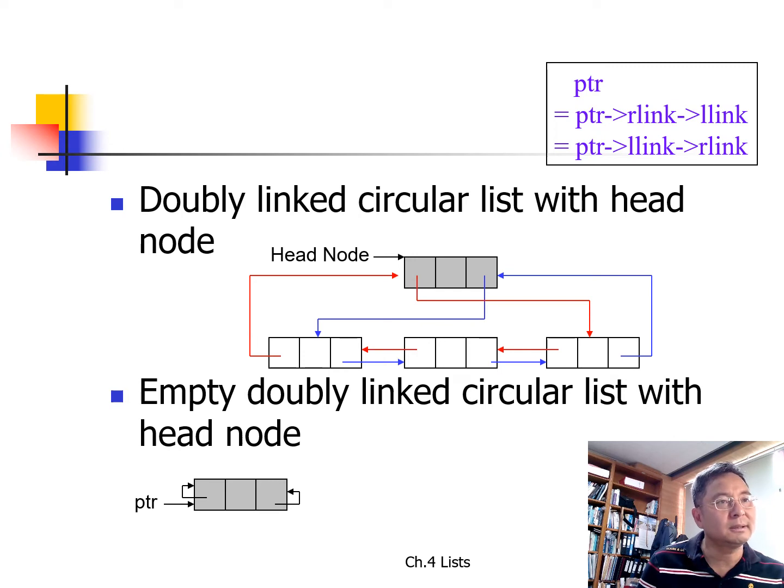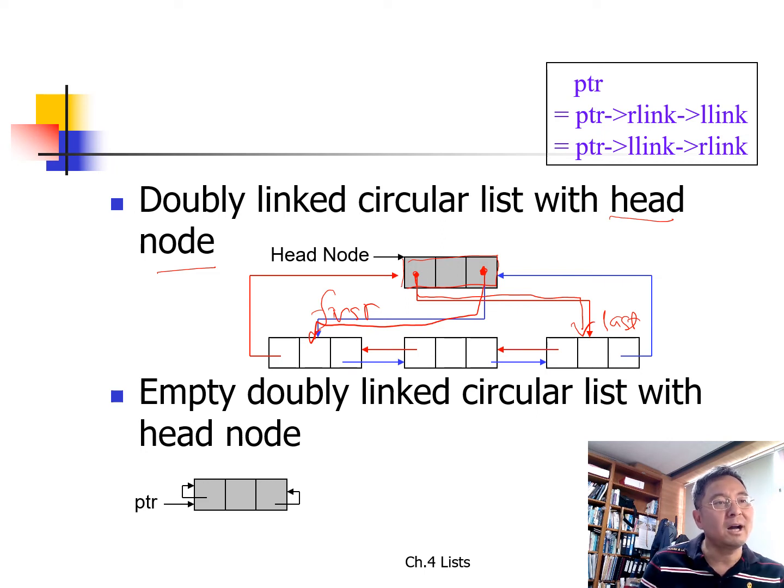Okay, so a doubly linked circular linked list with a header node. If we have one header node for this whole doubly linked list, the right link field will point to the first element. This is the first, and this is the last node. And the left link field of the header node will point to the last node.